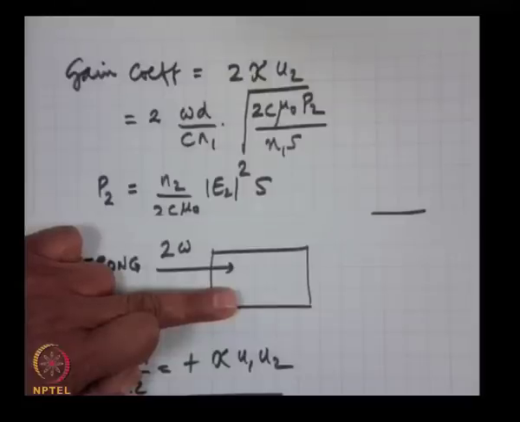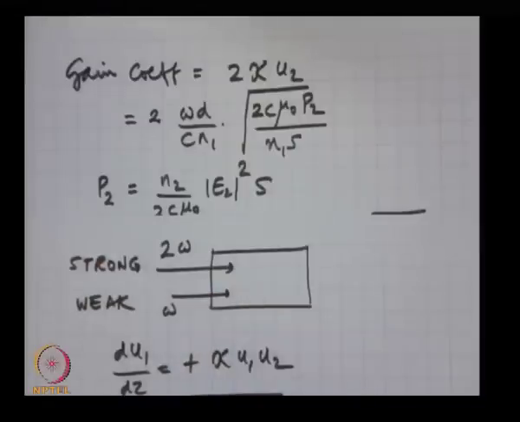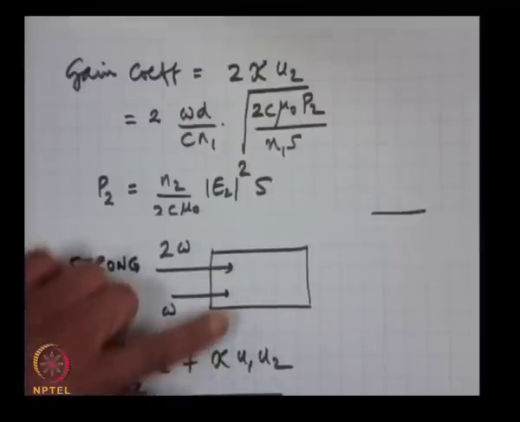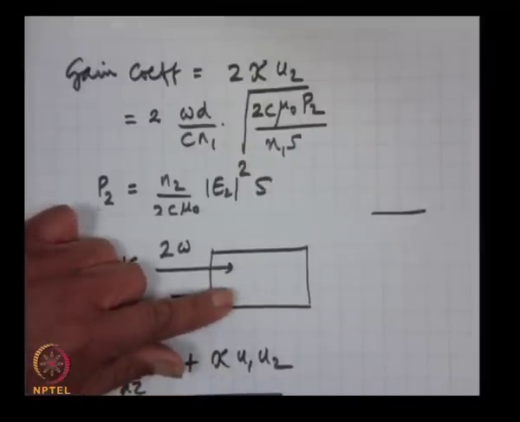But quantum mechanically, this is an allowed process. 2 omega getting converted to omega is an allowed process, just the reverse of omega getting converted to 2 omega. So that process is a spontaneous process and it's called spontaneous parametric down conversion.